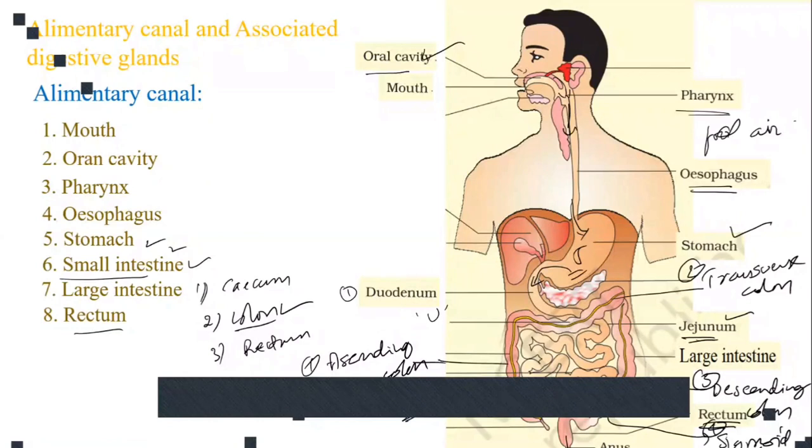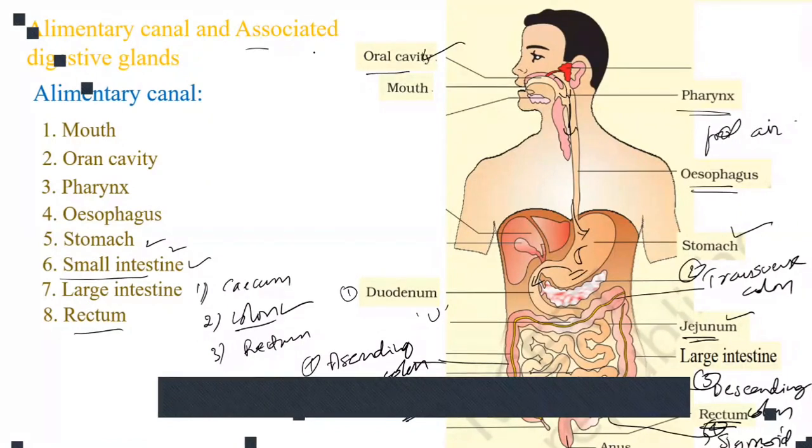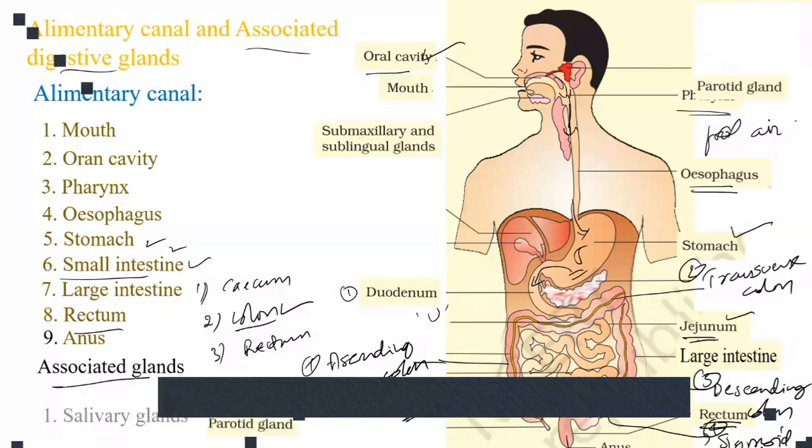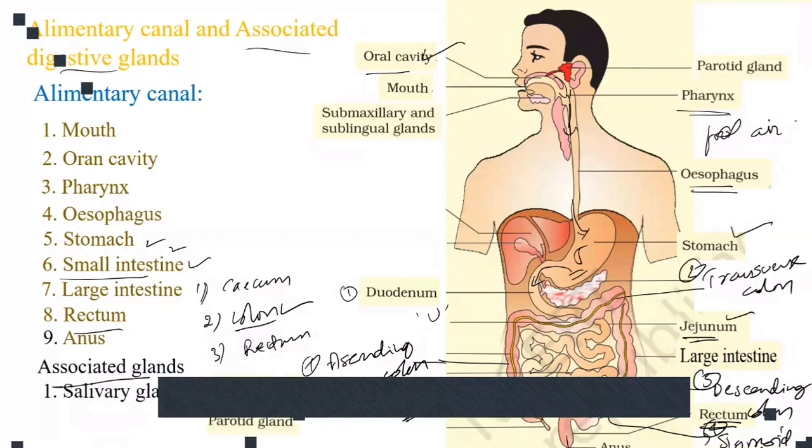The alimentary canal is also associated with digestive glands, called associated glands. The first one is the salivary glands.